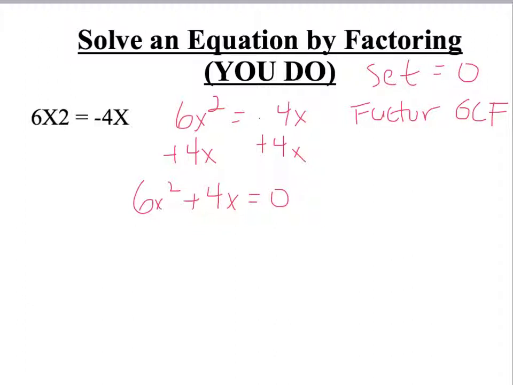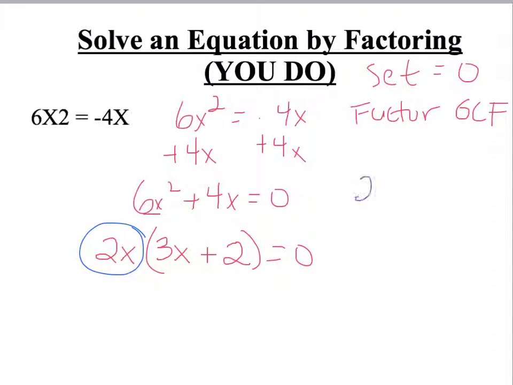They both have in common a 2, because they both are multiplied by 2, and also x. So 2x times 3x would give me back 6x squared, and 2x times 2 would give me 4x. So my first equation, 2x equals 0, and my second equation, 3x plus 2 equals 0.